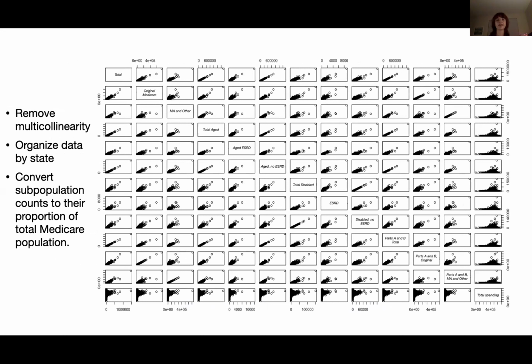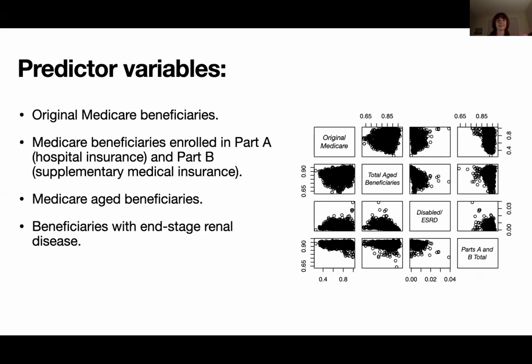And I also calculated the statistics of the subpopulations of Medicare enrollees relative to the total amount of enrollees for the county, because I thought that a proportional measure was a more meaningful measurement compared to per capita spending. And so I found these 4 predictor variables to build my first multiple linear regression off of. And it's the proportion of beneficiaries under original Medicare, those under Part A and Part B, those that are 65 and older, and those that are not 65 and older that have end-stage renal disease.